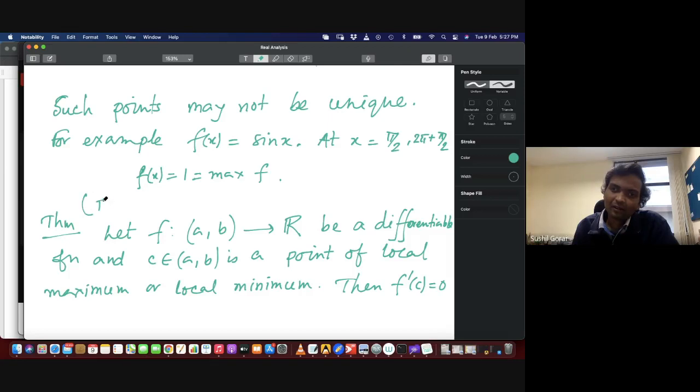This is a fundamental theorem here. A lot of theorems come from this.